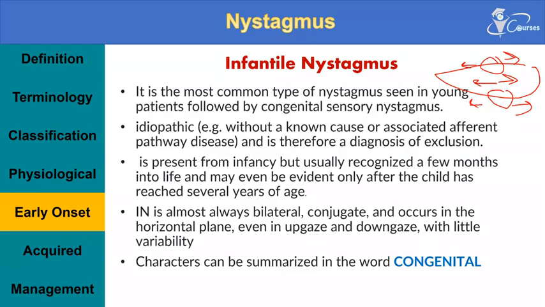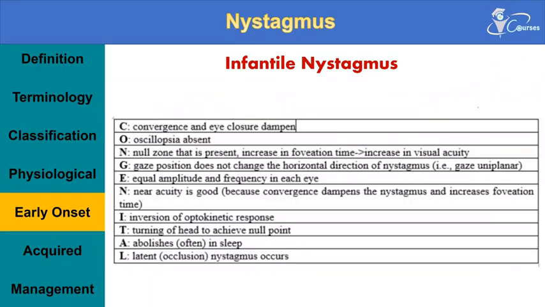Other features of infantile nystagmus can be summarized in the word CONGENITAL. This is very important. First of all, C. What is the C? Convergence. Convergence and eye closure dampen the nystagmus. If the patient is looking at a near target, the nystagmus will decrease.